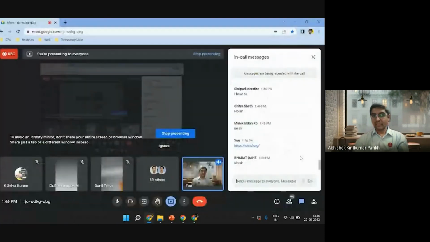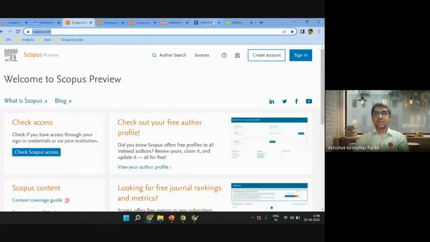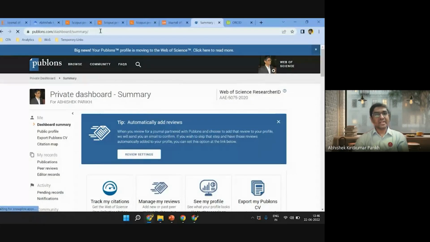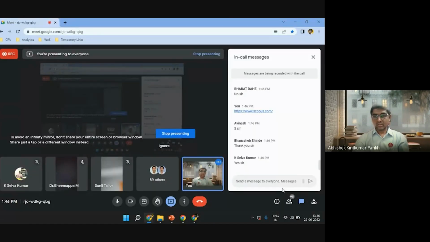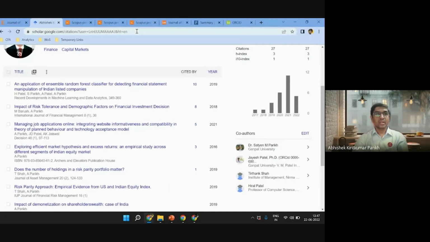I request each and every participant to create at least these four profiles. It will create the metrics automatically for you. And the last but not least is a Google Scholar profile.